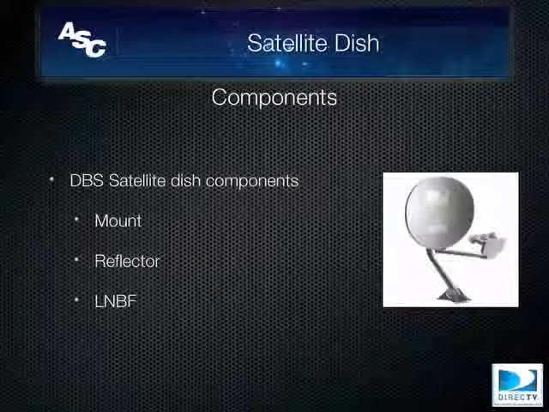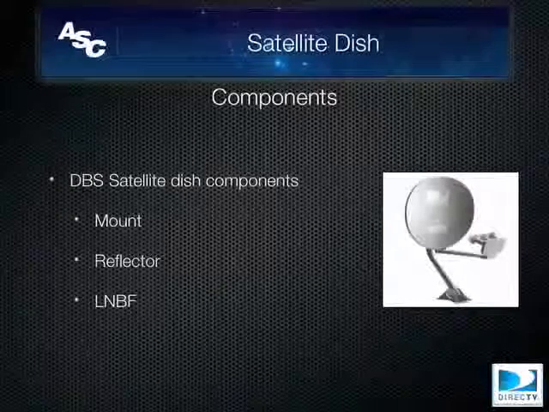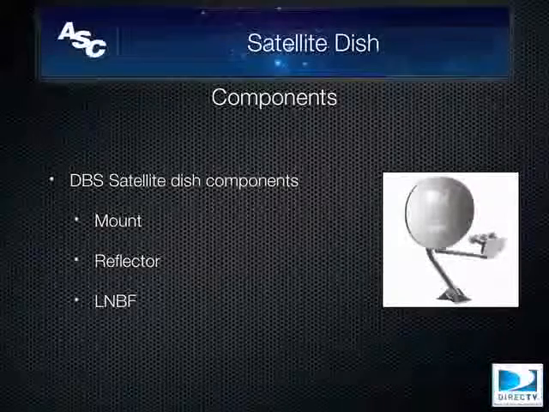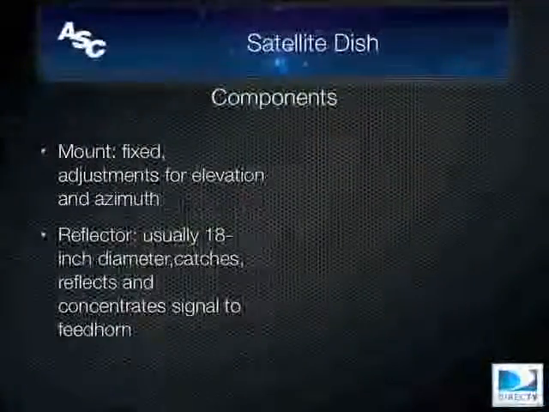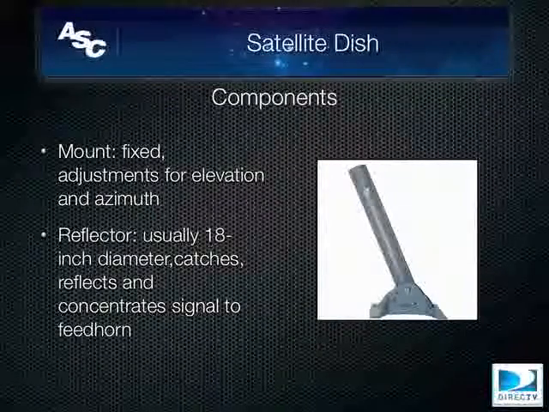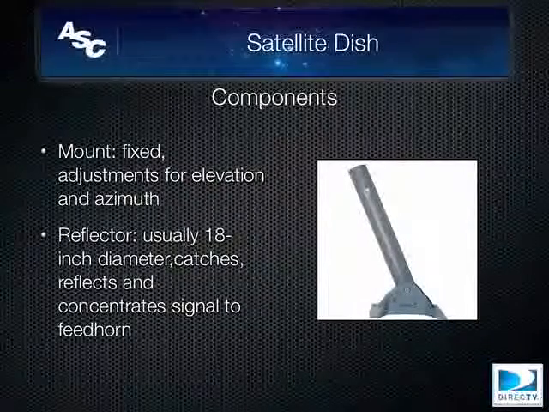The components of the satellite dish consist of the mount, the reflector, and the LNB. Let's talk about each one of those in order. A mount is just what you see on your screen. It's the thing that is attached to the roof.